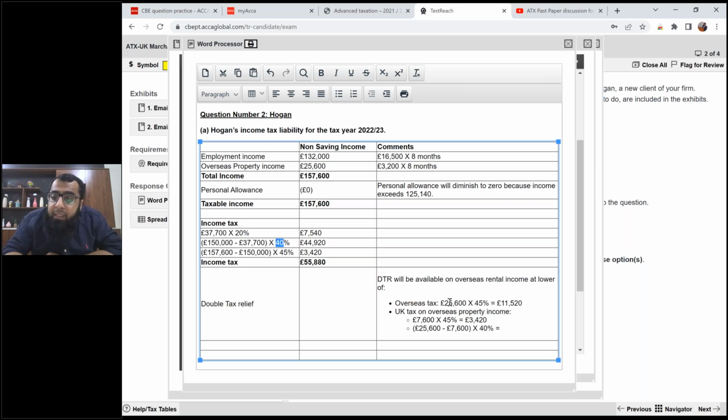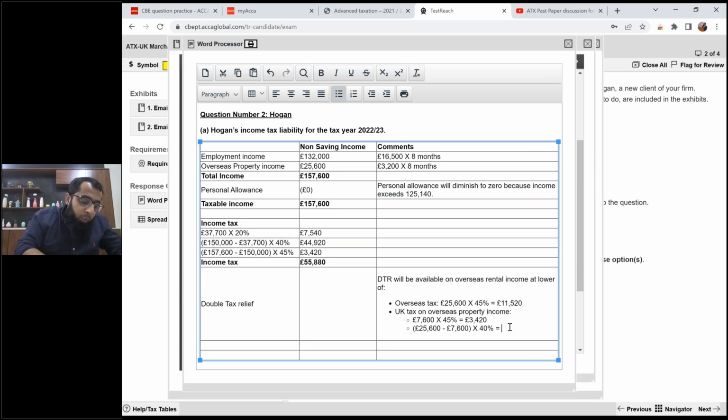If I tax this 25,600 in UK at 20%, my DTR will get reduced. So I'm placing it at the end portion. So 7,600 at 45% and the remaining amount at 40%.